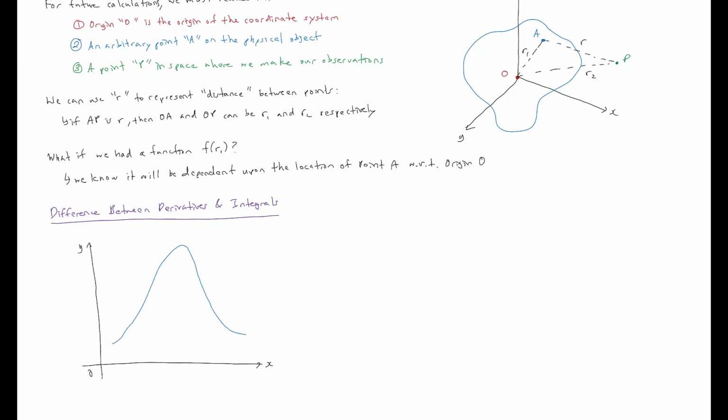We'll just go with something simple, and we'll call this f of x. Now, I have my function. What if I wanted to calculate the derivative at a certain point, or maybe an integral? We need to actually know what they mean in order to, number 1, do the calculation, and number 2, interpret what we've just calculated.